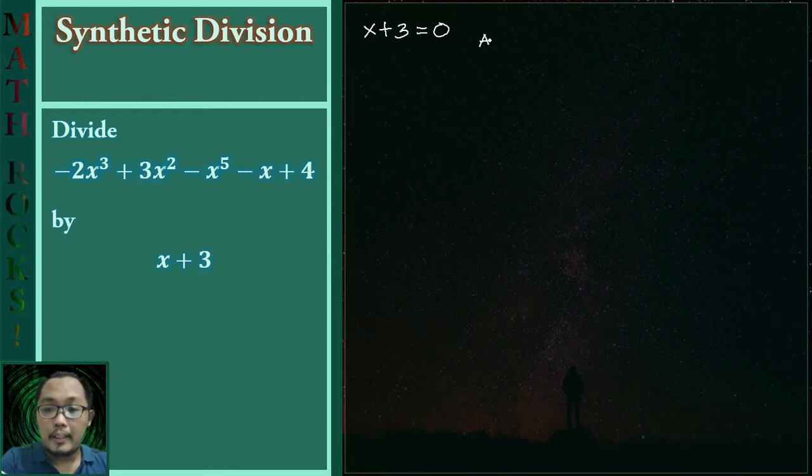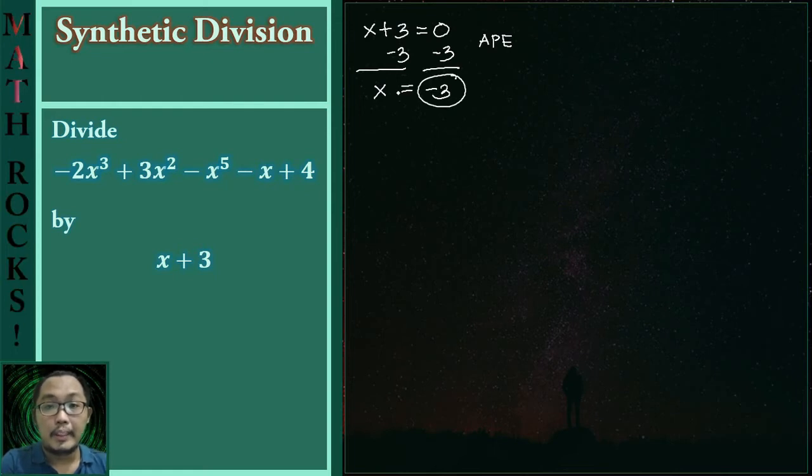Applying the addition property of equality, we add negative 3 to both sides, so that our resulting equation is now x equals negative 3. This negative 3 will now be used in our synthetic division.